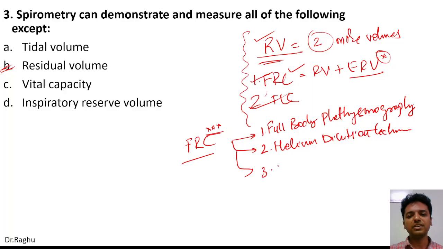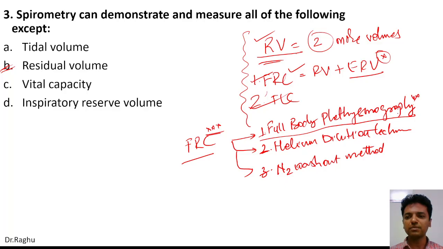And the third one is called the nitrogen washout method. So these are the three techniques. Sometimes they may ask you in the exams which of the following techniques is used for the measurement of the FRC. This is nothing but full body plethysmography, the preferred method, then helium dilution, and also the nitrogen washout.